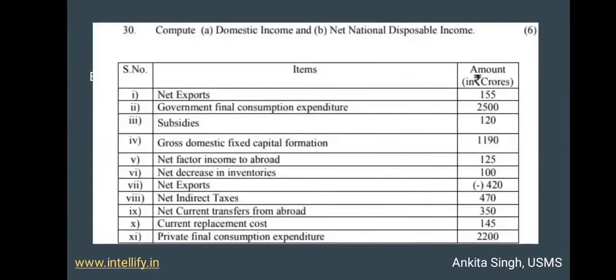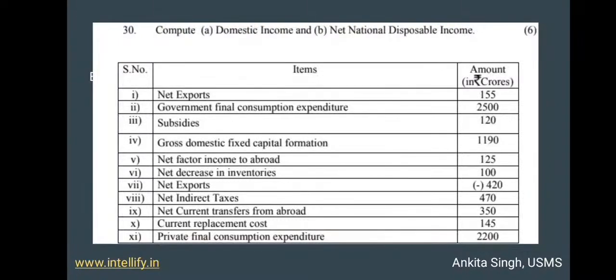Question 30. We have been given a numerical and the particulars are listed as below. Net export 155 crores. Government final consumption expenditure, GFCE, 2500. Subsidies 120. Gross domestic fixed capital formation 1190. Net factor income to abroad 125.